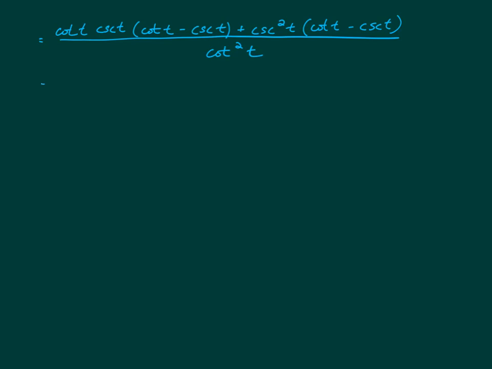So when you do that, the numerator will look like cosecant t times cotangent t minus cosecant t. So if we get rid of these factors from the first term, you'll end up with cotangent t plus, and if you get rid of one of these here and this factor from the second term, you'll end up with a cosecant t.